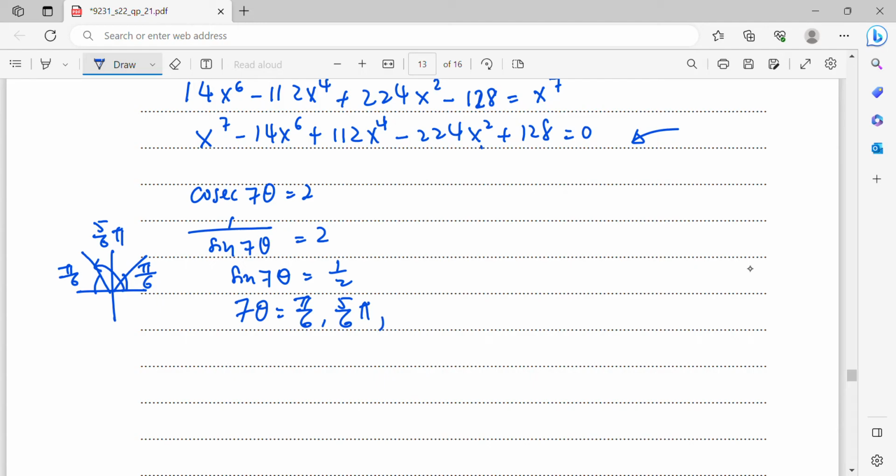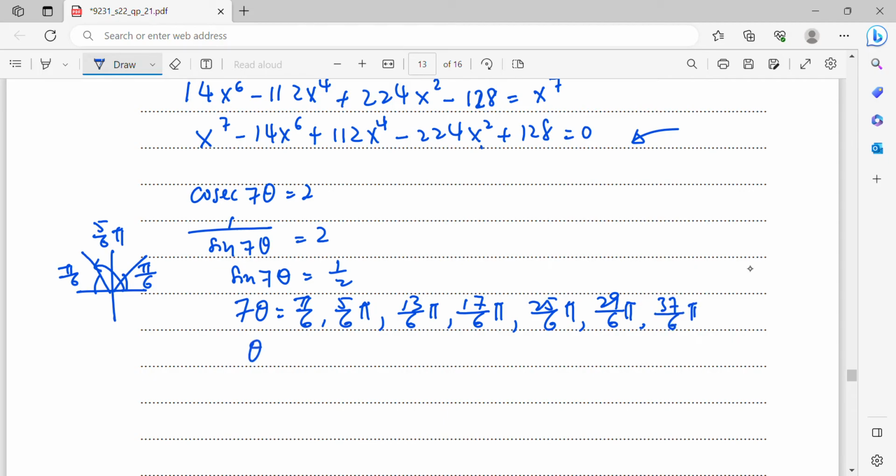Then consider a complete cycle, meaning pi over 6 plus 2 pi. So you will get 13 over 6 pi, then 17 over 6 pi, 25 over 6 pi. Just generate 7 values because of 7 theta. Then 37 over 6 pi.